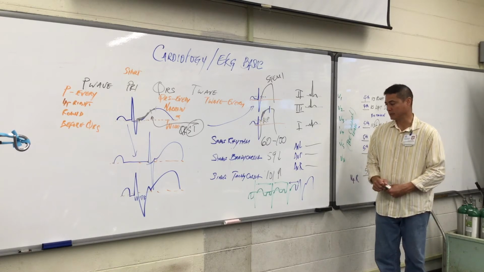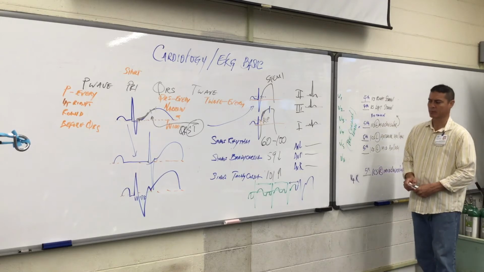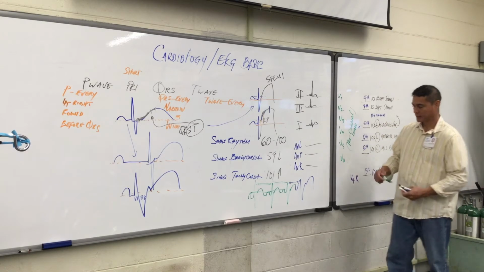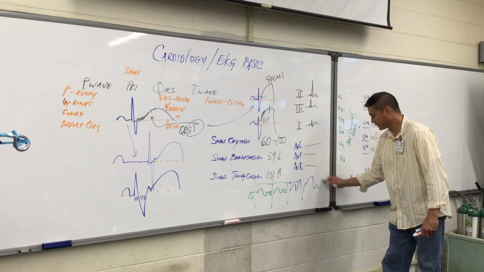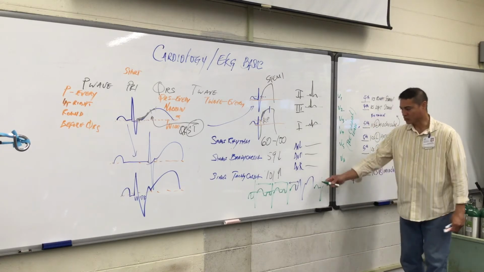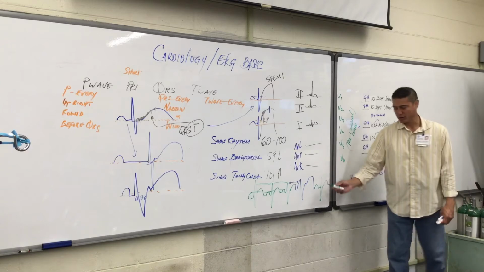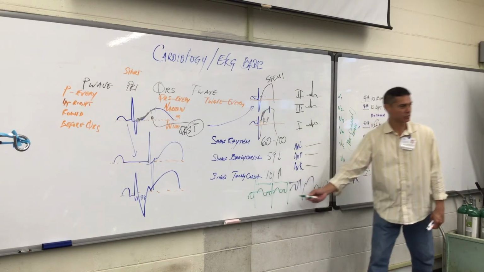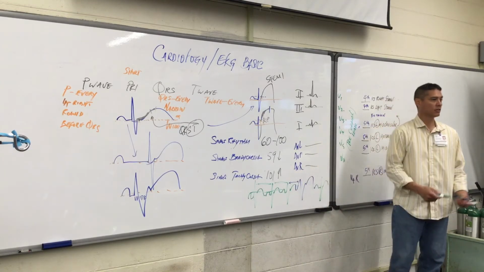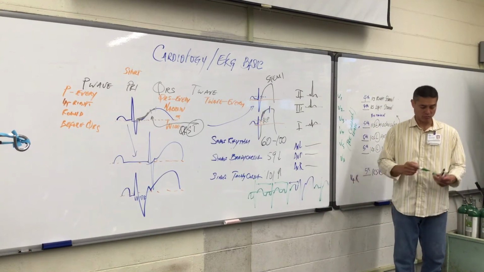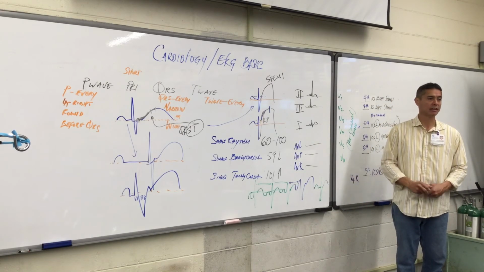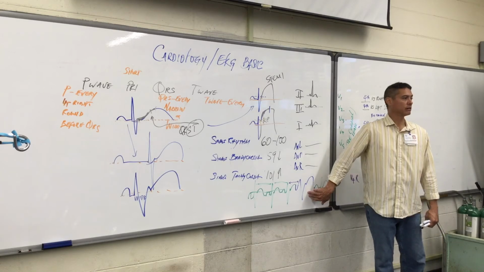So a premature beat. We may see a lot of premature beats, but as long as this EKG rhythm goes back to whatever is going on, you mostly have sinus rhythm with either a rare extra beat, or if there are more than 6 or 7 in a minute, then they're kind of frequent.